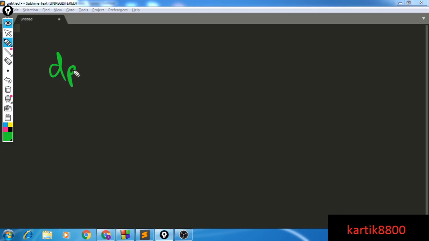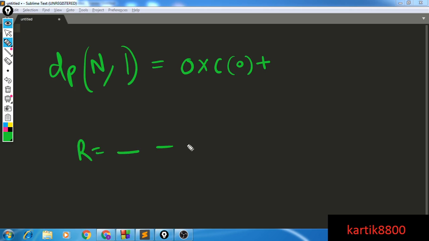I'll just write it out and then we'll move to the coding part. So dp of n comma 1 can be written as, you put a 0 at the leftmost position, you get a contribution of 0 times c0, plus, since you have put a 0 in here, you will basically be having r equal to something, and then you put a 0 in here.